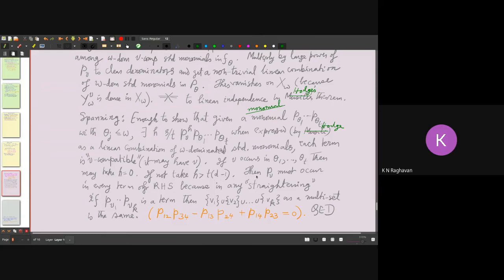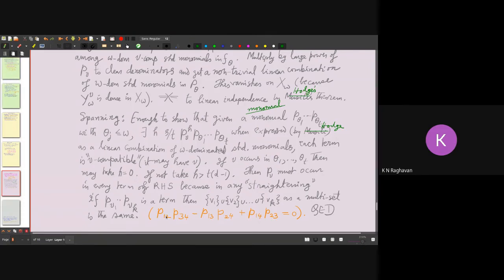Okay. Then PV must occur in every term of the RHS, because in any straightening, here is the property of the straightening. So to explain this, look at this example, P1,2,3,4 P1,3 P2,4 equals a combination including P1,4 P2,3. Observe that in every term, 1,2,3,4 occurs, right?